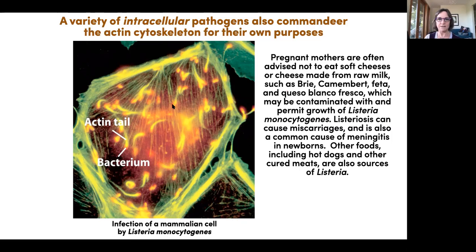And that's what's shown here. This is an infection of a cell with a bacterium called Listeria monocytogenes, which causes listeriosis. And I'll show you some movies, but it turns out Listeria expresses a protein called ActA that it localizes to one side of the cell, to one pole of the cell.